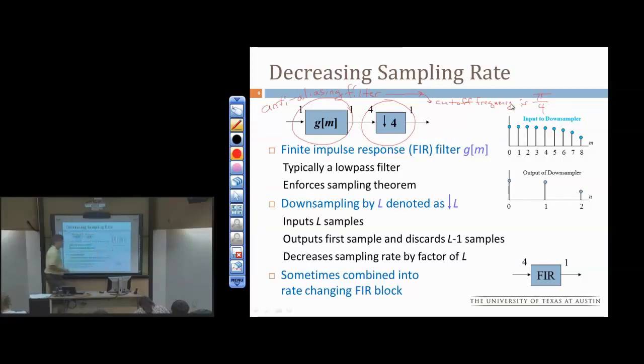In communication systems, G of M is what filter? The matched filter, that's right.